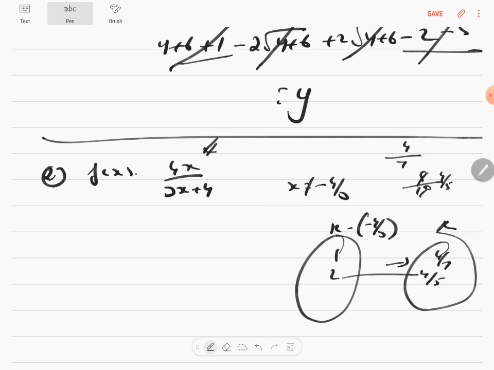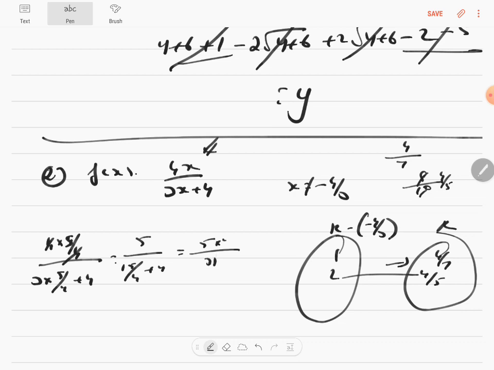Supposing x itself is 5 by 4, the 4 and 4 get cancelled, 3 into 5 by 4 is 15 by 4, plus 4, which will be 5 by 31 by 4, so it's 20 by 31. All of them seem to be fractions.